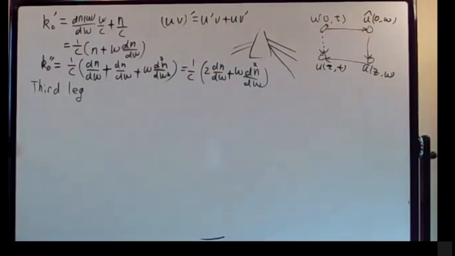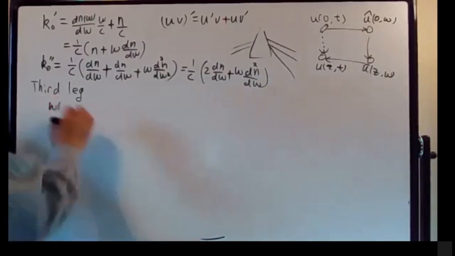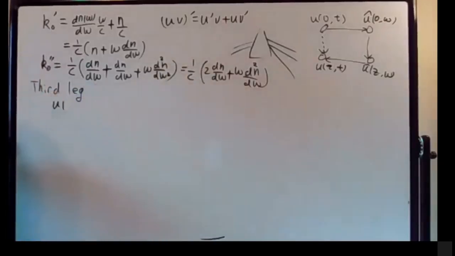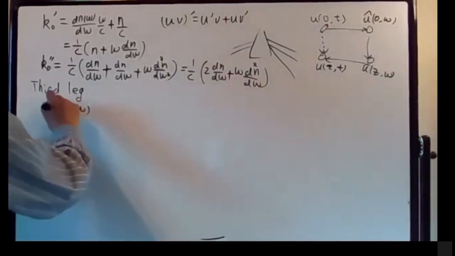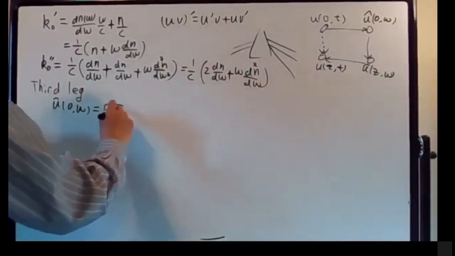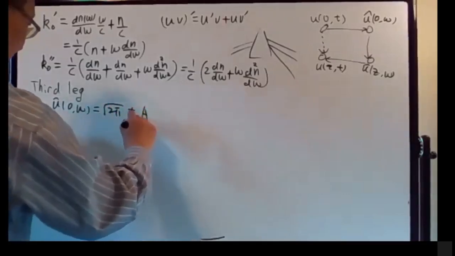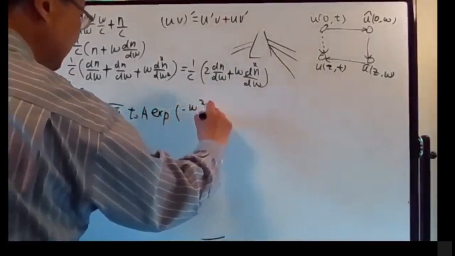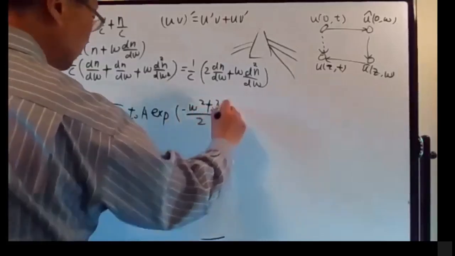From the first leg, we have u0 omega, which is square root of 2 pi times t naught times A, times exponential of negative omega squared t naught squared over 2, right?